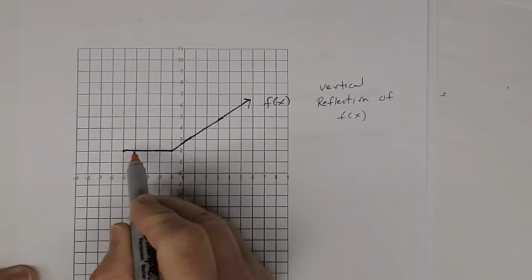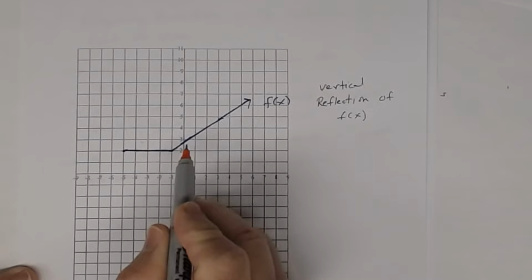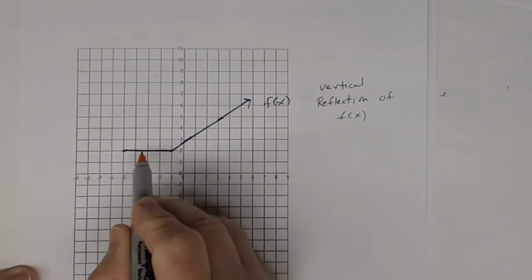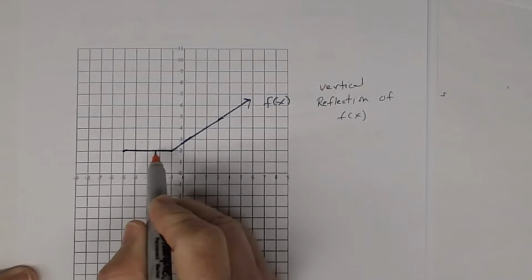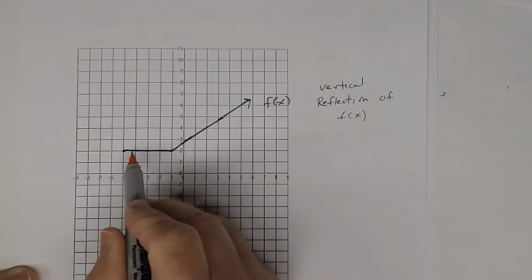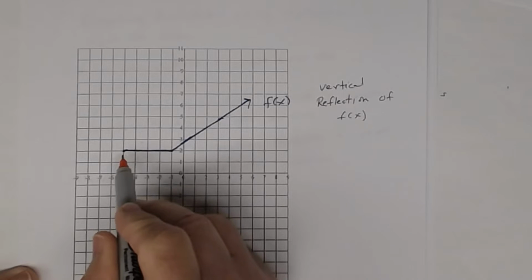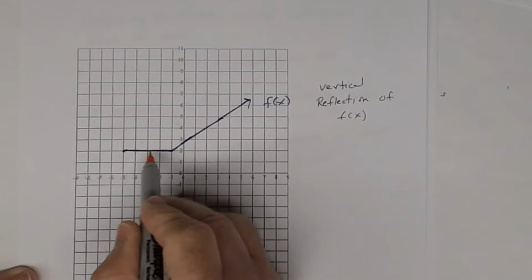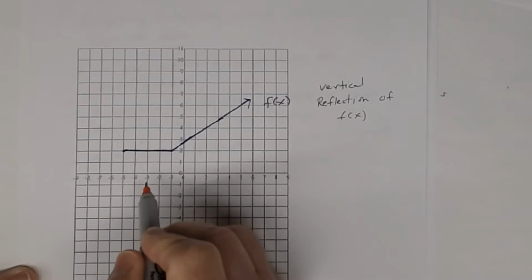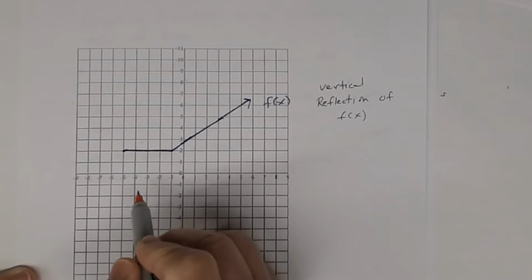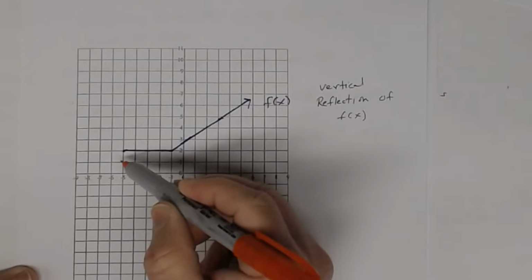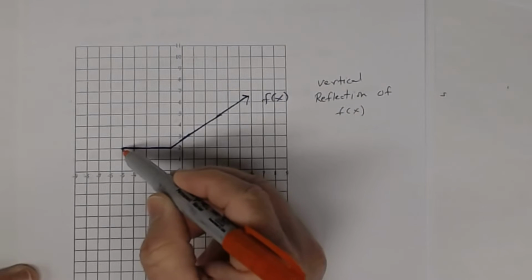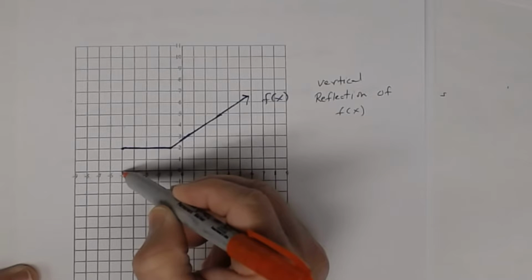Every point, now this is an easy graph to reflect because it's just segments. Well, this is a segment, this is a ray. But basically you're going to take every point on this horizontal segment, and you're going to reflect it about the x-axis. When you're reflecting about the x-axis, just notice the distance from this point to the x-axis.